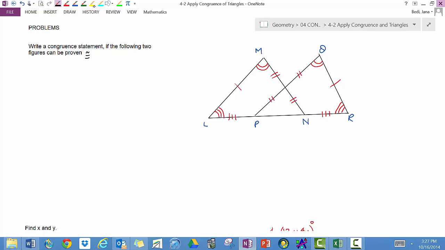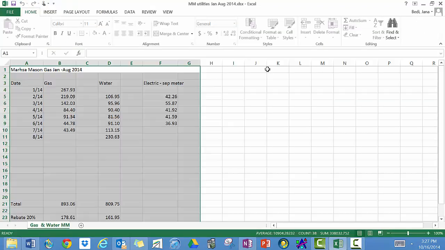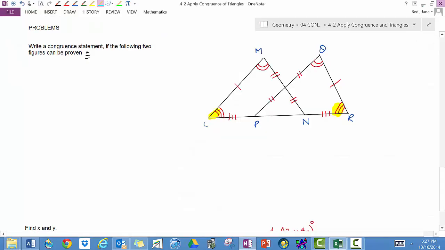In triangle LMN and triangle PQR, we can say angle L is congruent to angle R, and then we have angle M is congruent to angle Q. So we really need to prove angle QPN and MNP to be congruent.